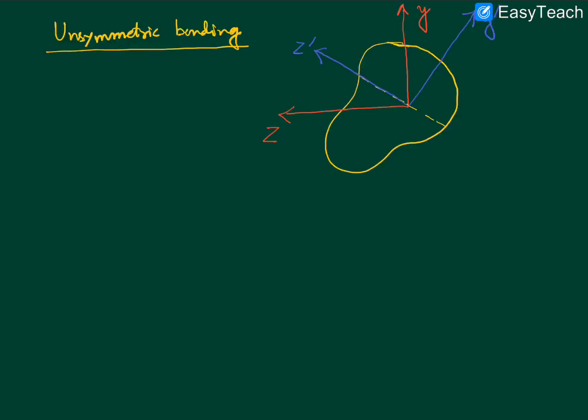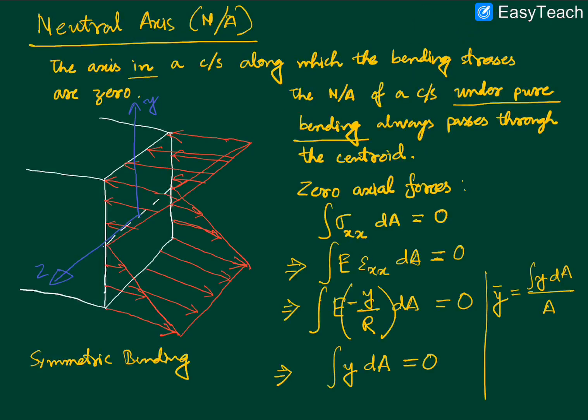To get the motivation, we'll quickly take a look at the previous page. Here you note that first I had this nice doubly symmetric rectangular cross section. I knew that the neutral axis would be oriented in this fashion, and what I did was to place my z axis along the neutral axis, and then I proved whatever I wanted to prove.